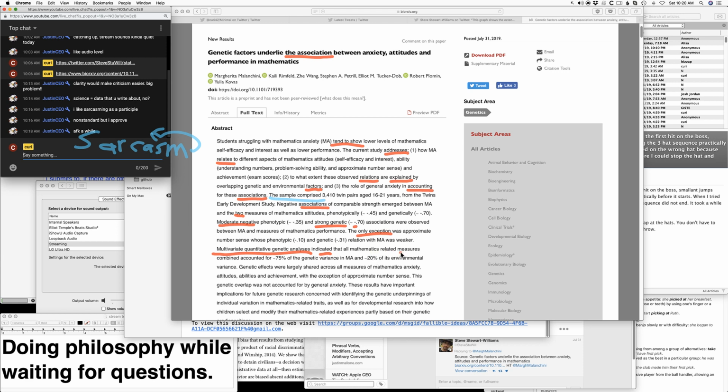Okay, so now they're saying math measures accounted for genetic variance, which is different than genetic variance accounting for math measures. I think they're going in the wrong direction. Because certainly they don't think that math measures cause genetic variance. So they're going in a non-causal direction, and they don't really care that there's just no way in hell that your math test scores at age 16 to 21 cause what genes you have.